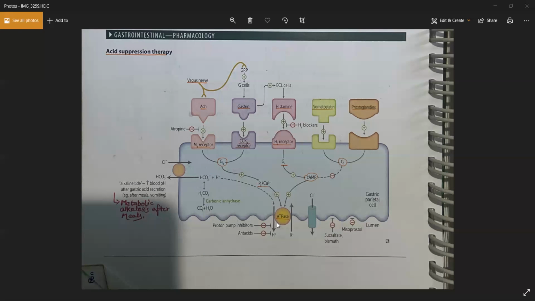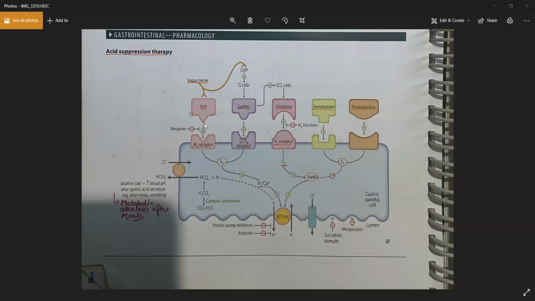The activity of this pump depends upon the cyclic AMP levels and the IP3, DAG levels, which means Gq. So both Gs as well as Gq will activate this ATPase pump, right? So you have certain therapies which will inhibit either the cyclic AMP or the IP3 DAG to ultimately inhibit this production of acid.